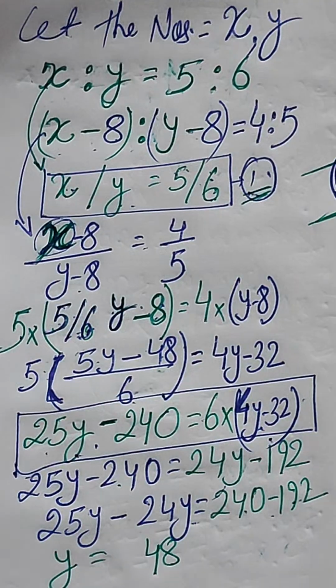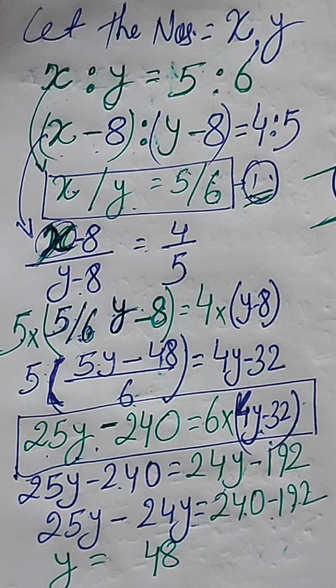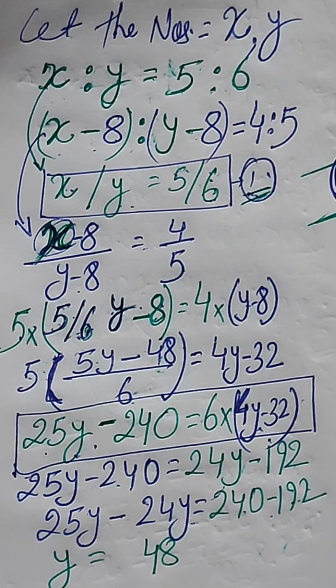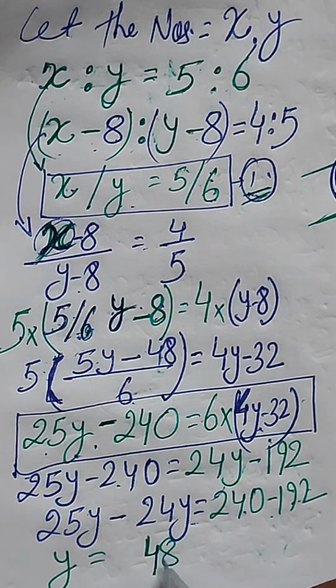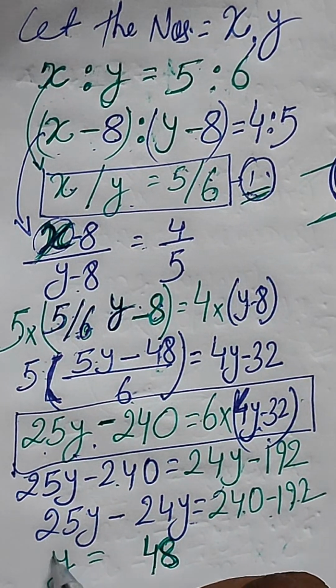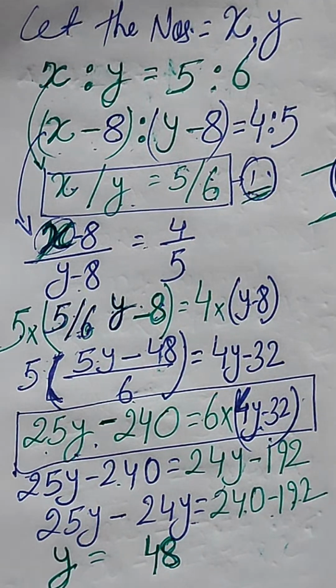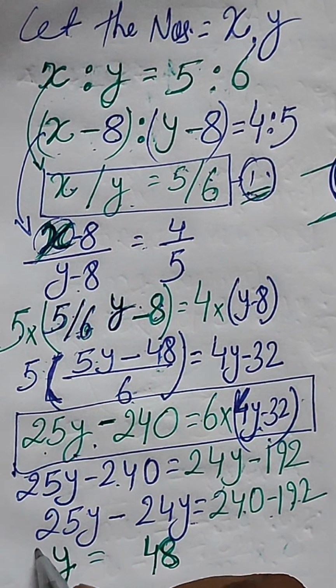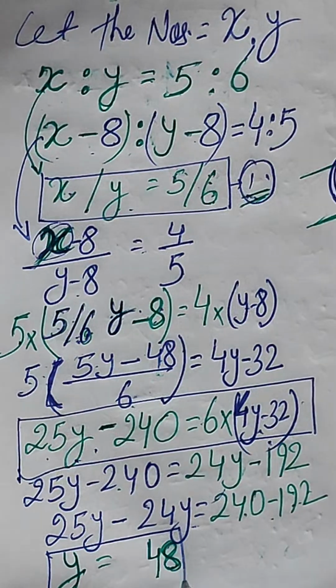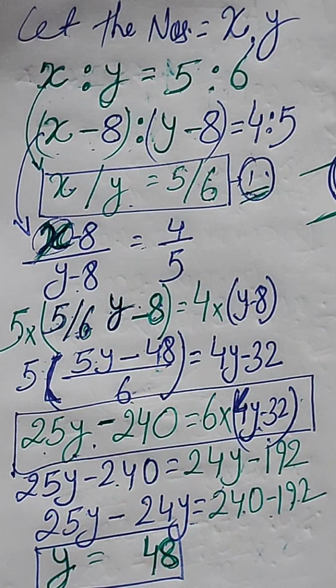So y is coming as 48. y is coming as 48. So one of the numbers you have identified, and that is equal to 48, right?